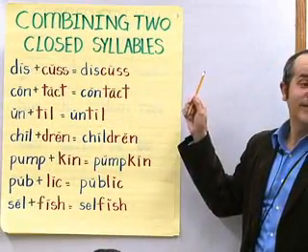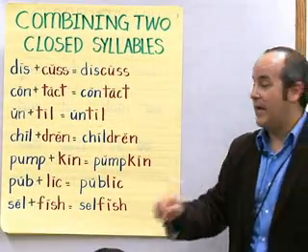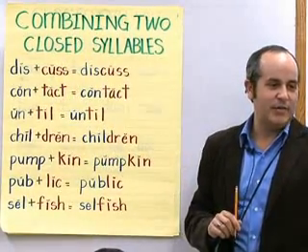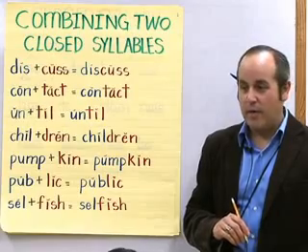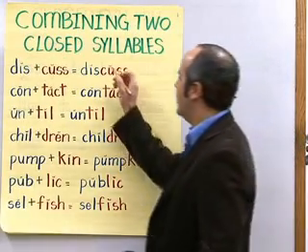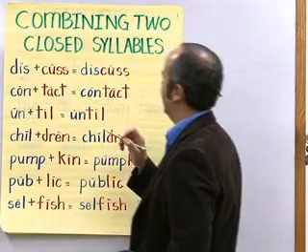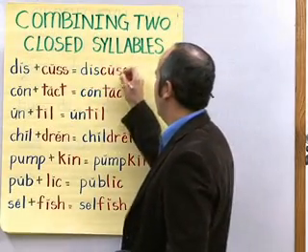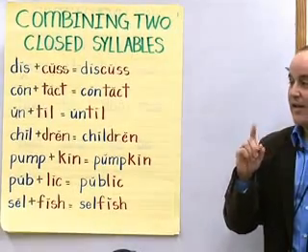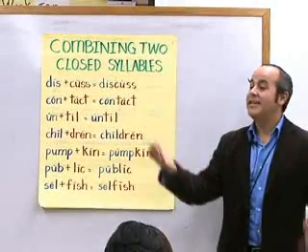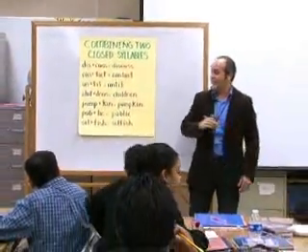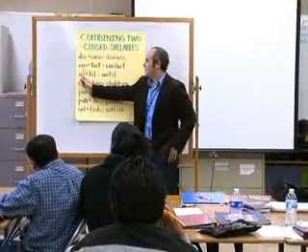Now remember, when you see it, it's not going to have the V, the C, and the short sound symbol. But hopefully after today, you'll be able to say, wait a second, closed syllable, closed syllable. Discuss. Repeat after me. Discuss. Good.